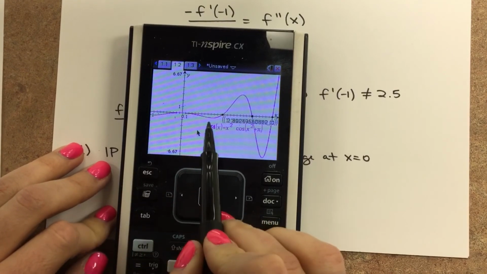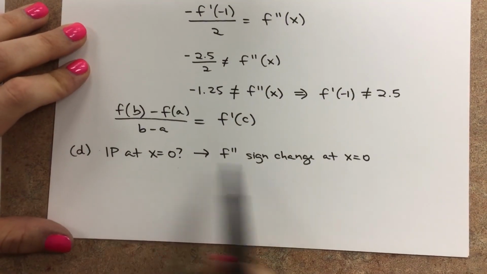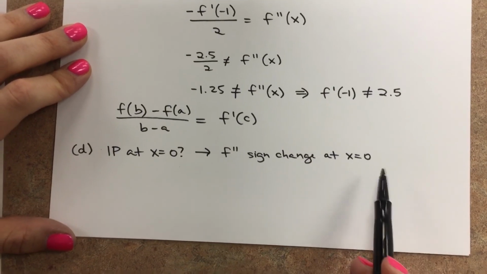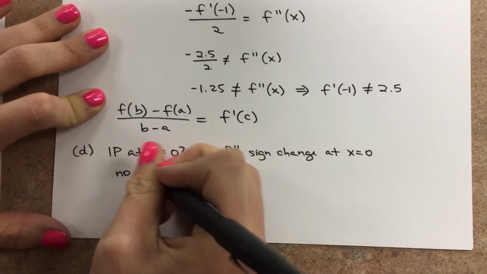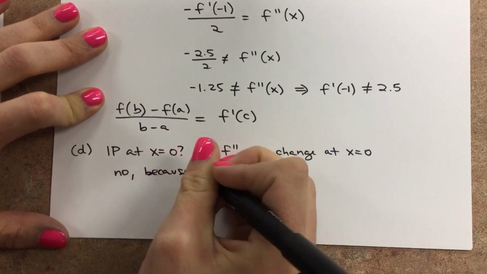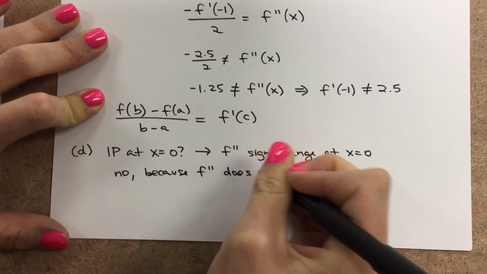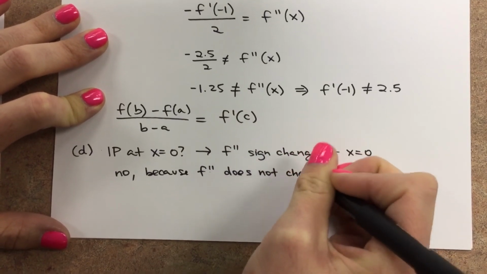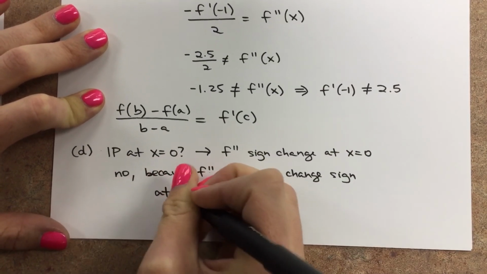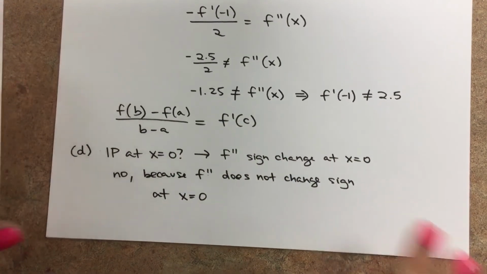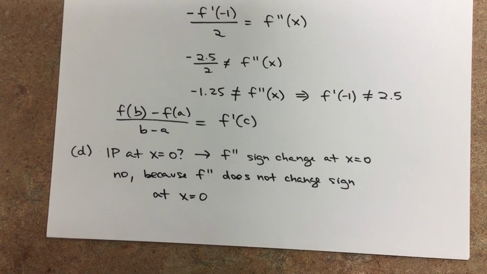It's negative and then goes right back to being negative. So no, this is not an inflection point, because f double prime does not change sign at x equals 0. Notice our handy little chart has been very essential in answering all of these questions.